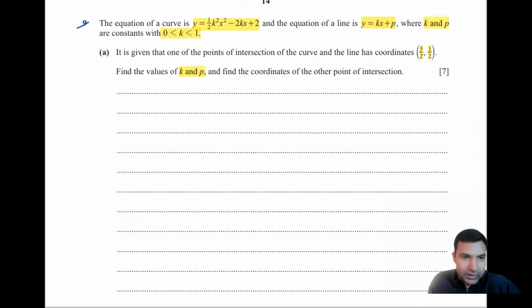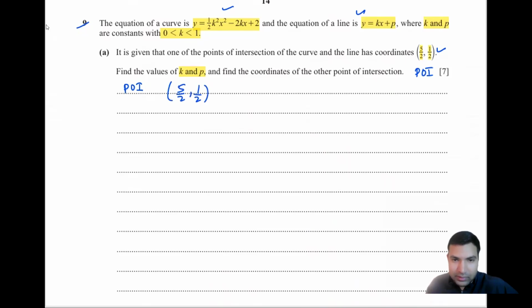All right, now let's proceed. It is given that this is the point of intersection, right? Point of intersection means what? It will satisfy the equation of both the curves, this as well as this. So using the concept of point of intersection, which is common to both the curves, I know that the point is 5/2, this is the x value, and 1/2 is the y value.